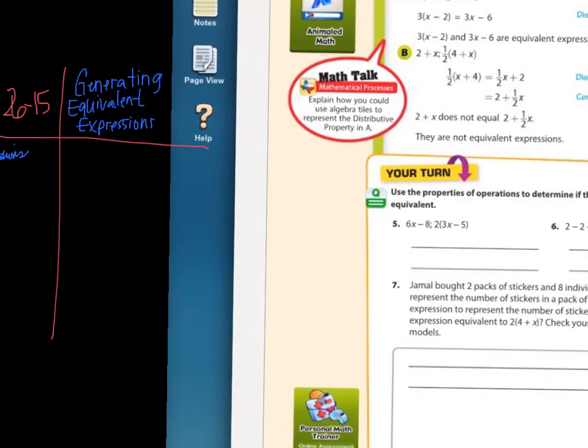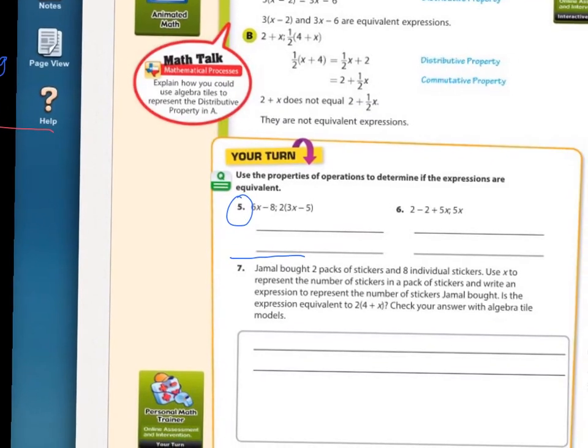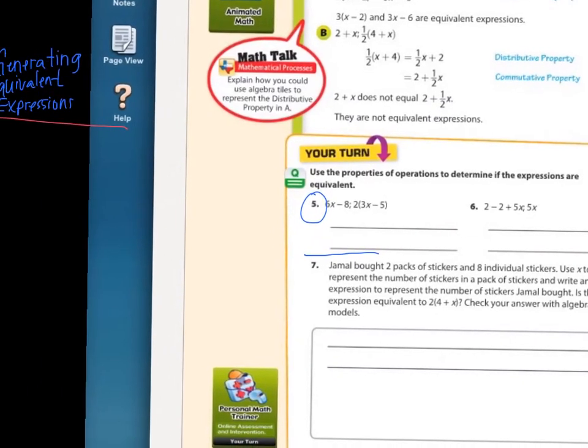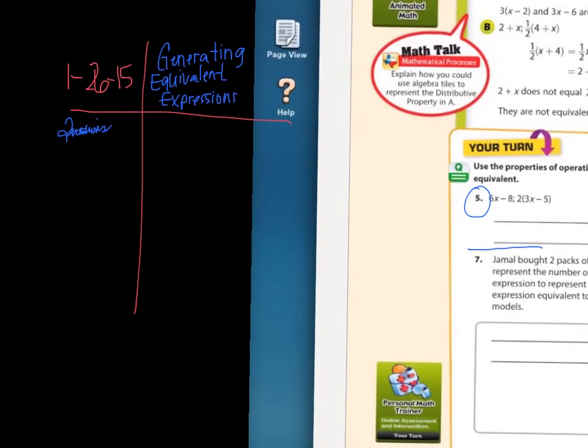Okay, let's do your turn, number 5. It says use the properties of operations to determine if the expressions are equivalent. So let's put number 5 here. 6x minus 8, and then 2 times 3x minus 5.